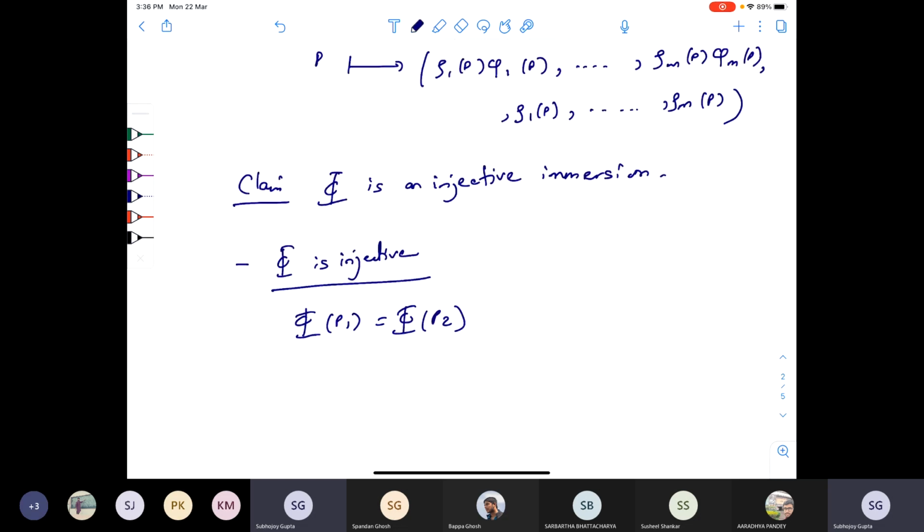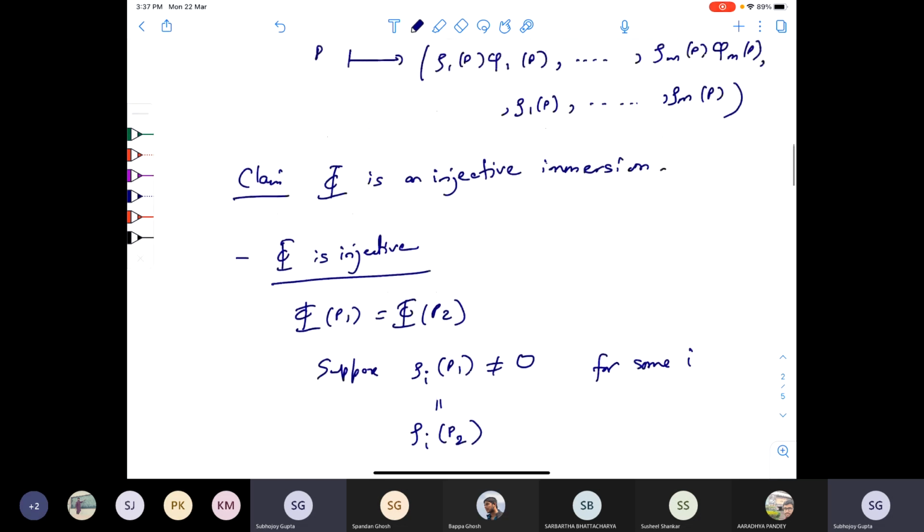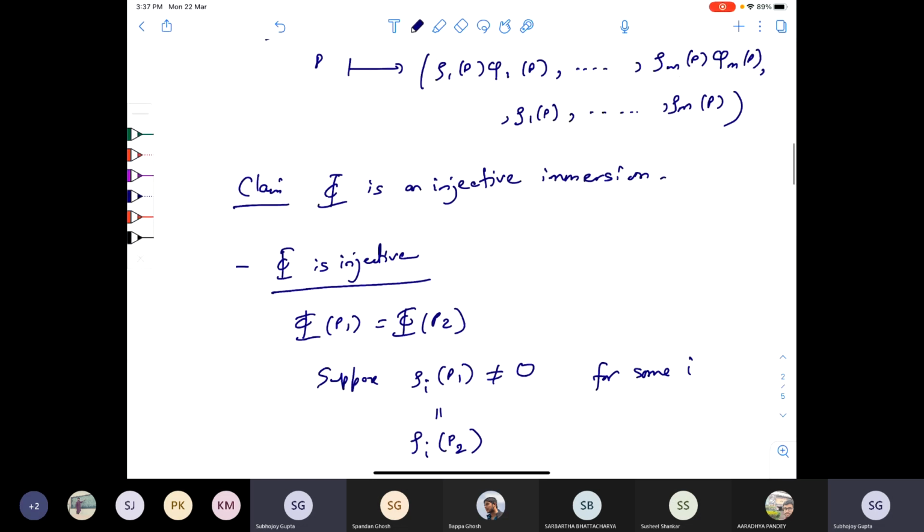So suppose rho 1 of P1 is not equal to 0. Then we know rho 1 of P2 is the same, that's our assumption. Sorry, let me call it rho i, I'm confusing these indices. So suppose rho i of P1 is not equal to 0, and it is the same as rho i of P2, for some i. These entries have to be equal if the two vectors are the same.